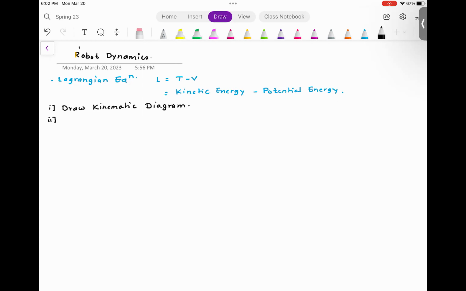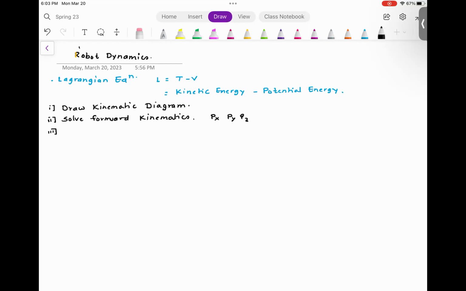Second, solve the forward kinematics and find out the Px, Py, Pz of the end effector or masses.